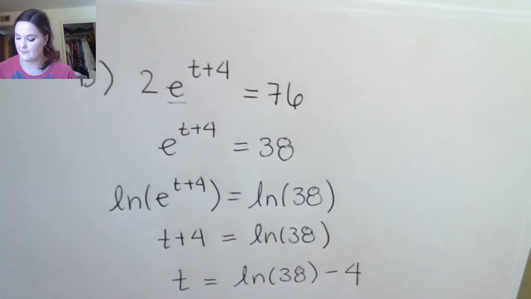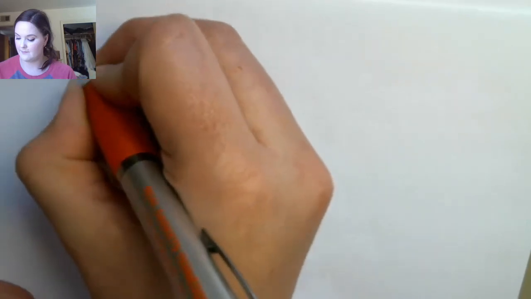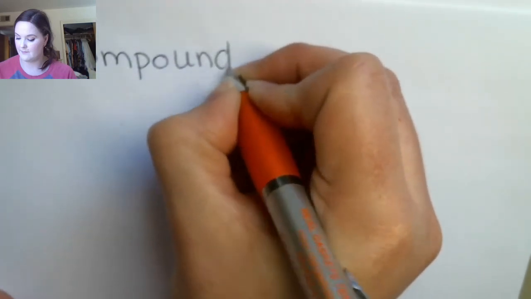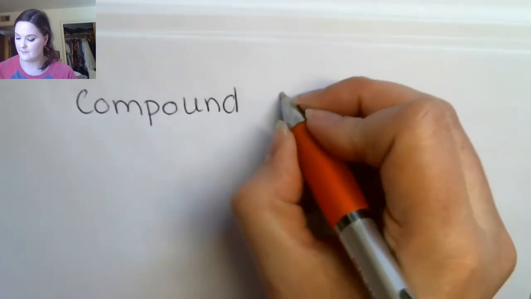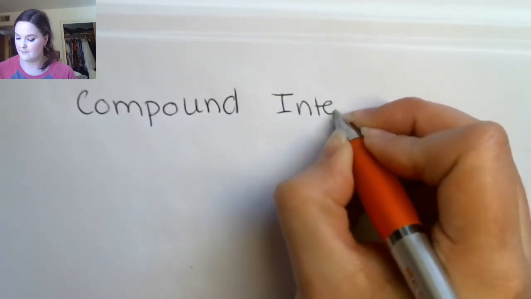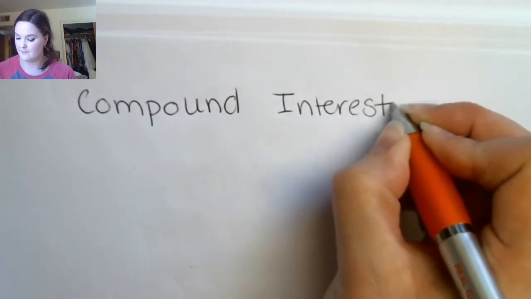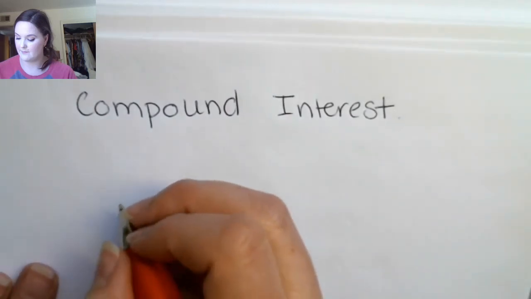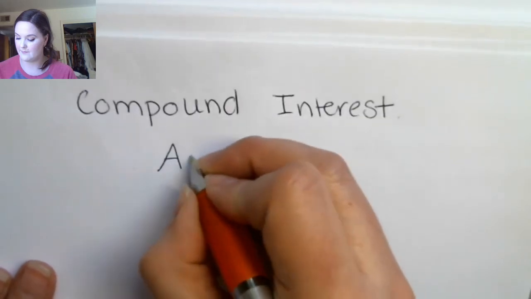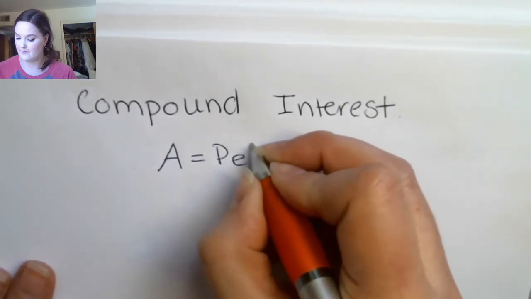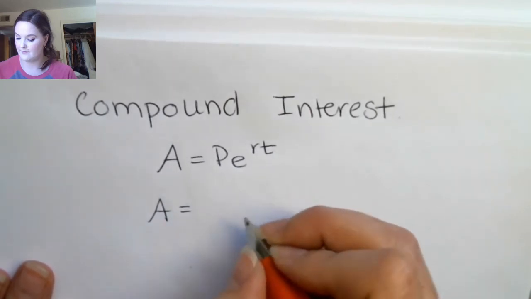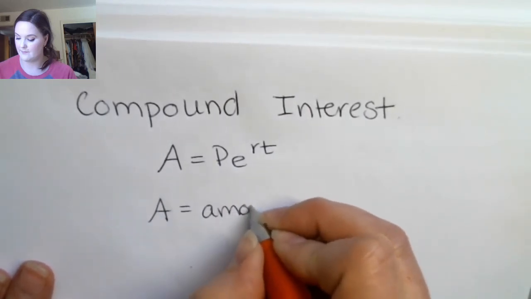So let's do an applied example. The compound interest formula looks like this, where A is the amount in your account.